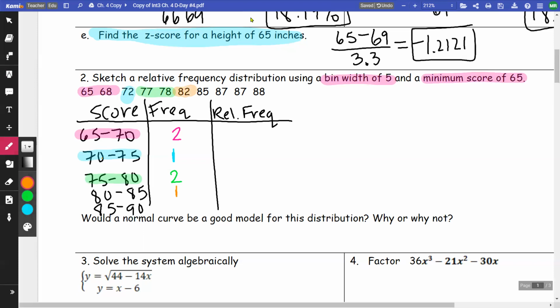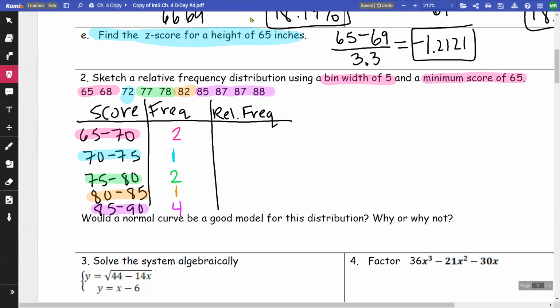From 85 to 90, that is going to be these right here. That's 4. I was just going to highlight this. I didn't highlight this. That was my 80 to 85.